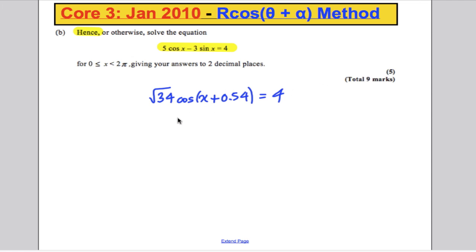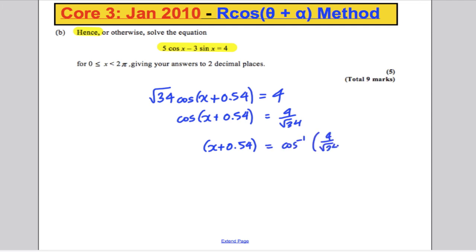So how would we solve this? Divide both sides by root 34. So cos(x plus 0.54) would be 4 divided by the square root of 34. Therefore x plus 0.54 would be the inverse cos of 4 over the square root of 34.